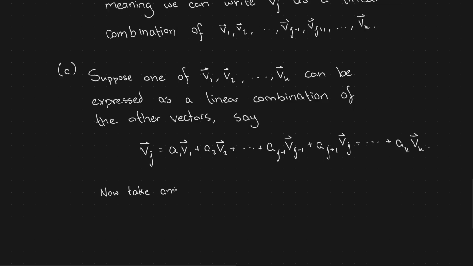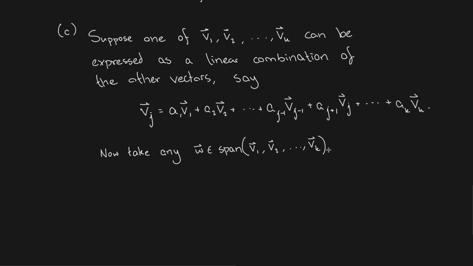Now take any vector w in the span. This is all the vectors v1, v2, all the way to vk, including, hiding in here, the jth vector, whatever it is. Now what does it mean to be in the span? It means that we can write w as a linear combination of these vectors.